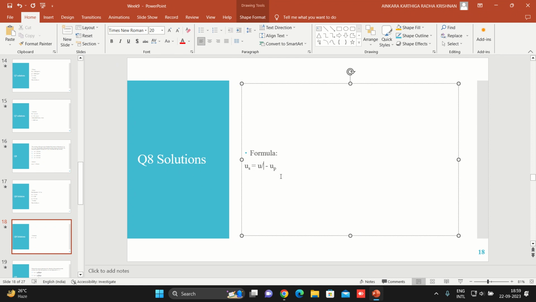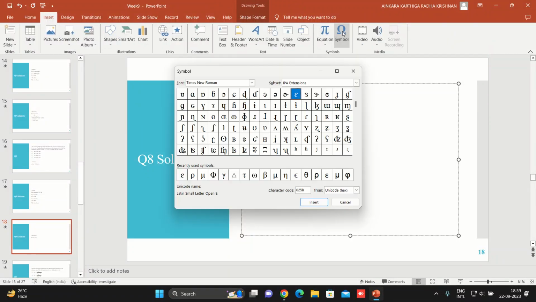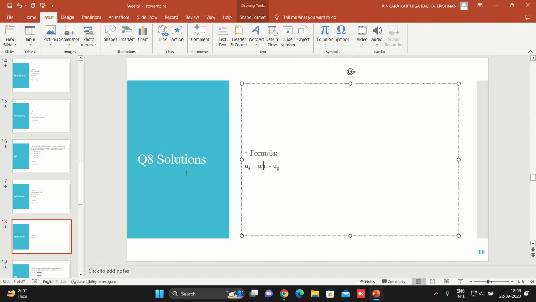So here we have one fraction that is nothing but 1 minus epsilon SE.